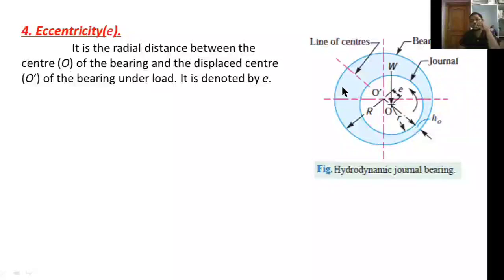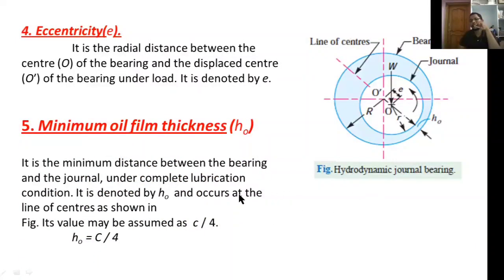So the radial distance between the center of the bearing and the center of the shaft is eccentricity, denoted by symbol small e.